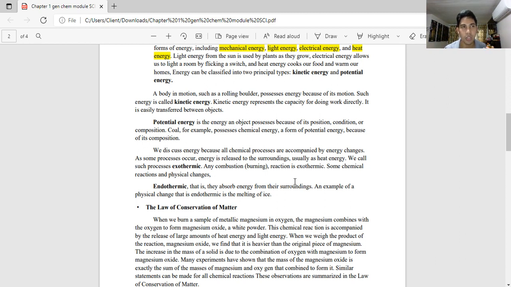What the ice does is absorb the heat of the room. Ice is a solid form, but at low temperature; as the temperature of the ice rises, it melts.